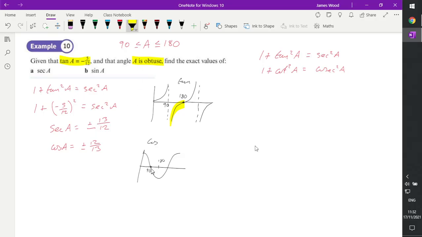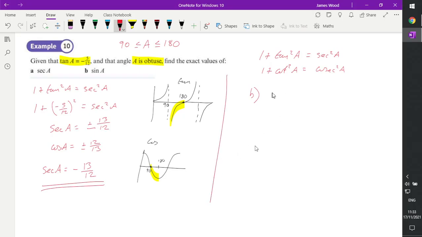We are between 90 and 180, so we're just in that portion there. And we can see quite clearly from the graph that cos is negative. Therefore, sec will also be negative, because doing 1 over it doesn't affect the sign. So sec A is going to be negative 13 over 12. Okay, and that's the first part done.